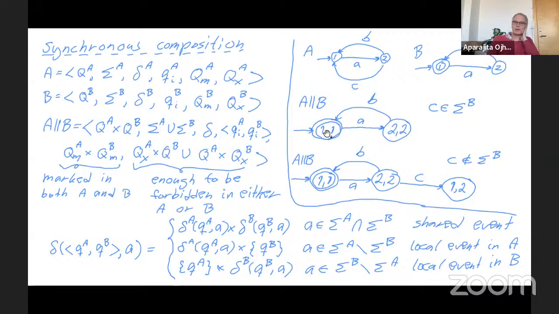Then you make a synchronous shared event a, and you reach state 2, 2. Then you can make b and go back to the initial state again, because it's included in both A and B, and it's possible in state 2, 2.